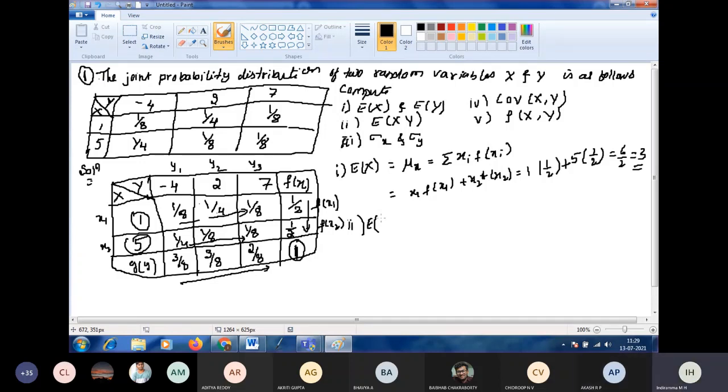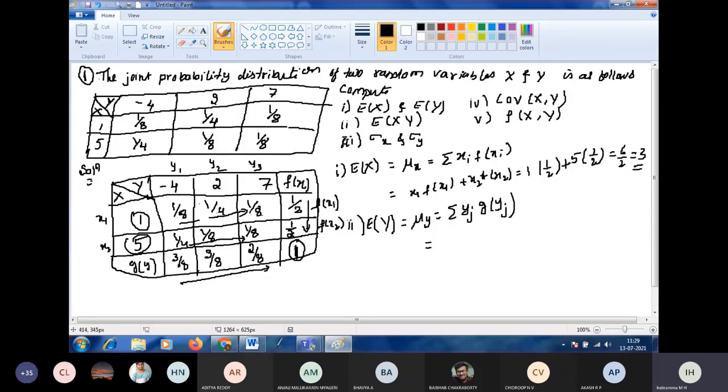If you say okay, then go for the expectation of y, that is mu y, the mean. What is the formula to find the mean of y? Expectation of y is the summation of yj into g(yj).